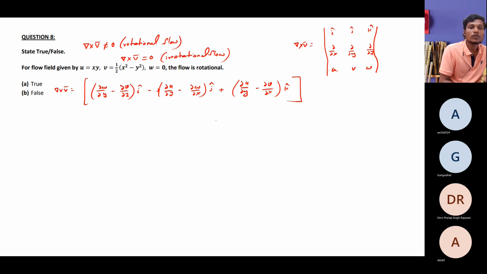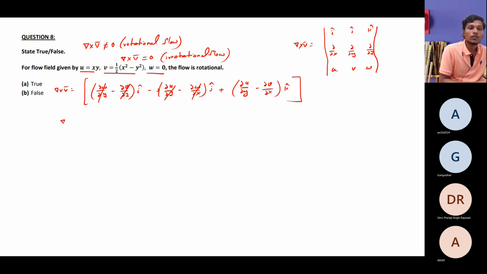So this is what we need to find, and we need to substitute the given u value, v value, and w value. Since our w equals 0, we can simplify some parts directly. So these two things will go away. You also see there is no z component in u and v, so this also will go away, this also will go away.